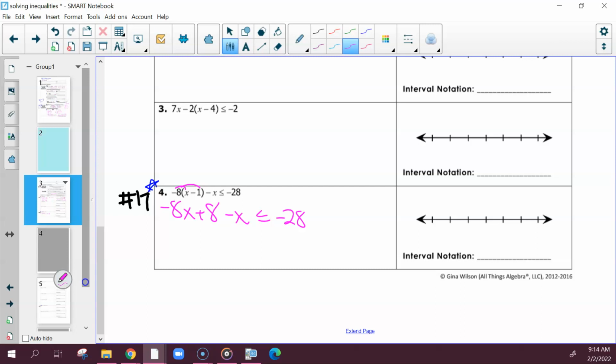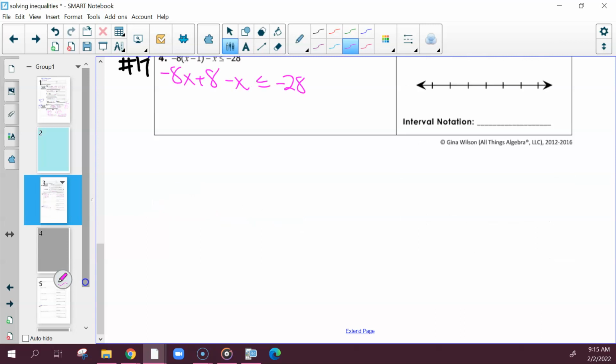You subtract 8. You could do that. You could also combine your like terms. So either or, that order doesn't matter. So let's say we combine our like terms first and then subtract, but you could subtract and then combine, doesn't matter. So here we have negative 9x plus 8, and then we would subtract.